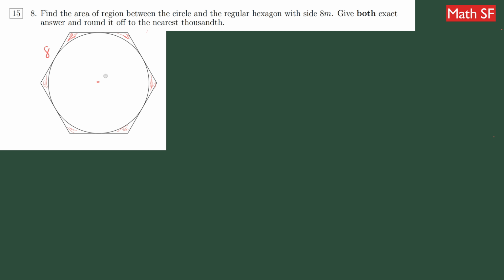Now, to find the area of a hexagon, let's recall the formula. The area of a regular hexagon is 1/2 ap. So we need to know the apothem, which we don't know yet. Also the area of a circle, I'm going to write here in white. The area of a circle, just recall, is pi r squared.